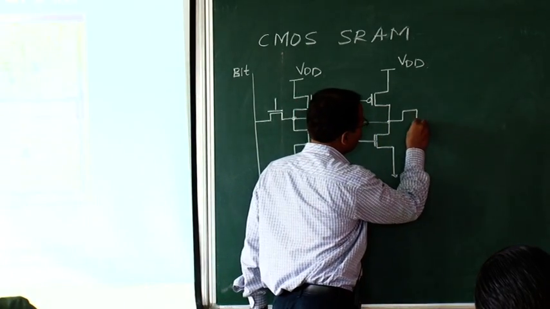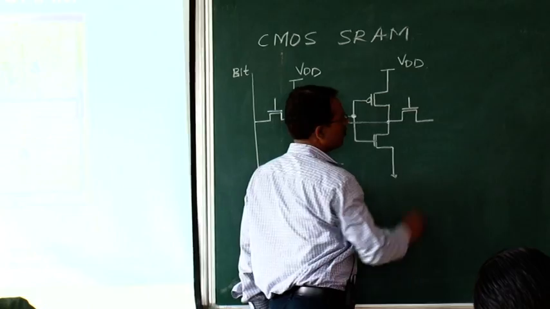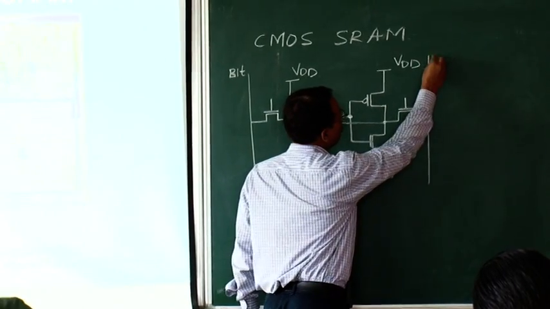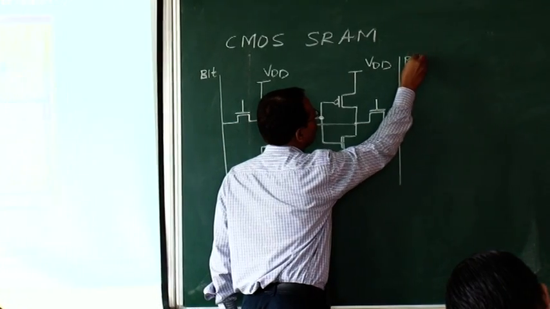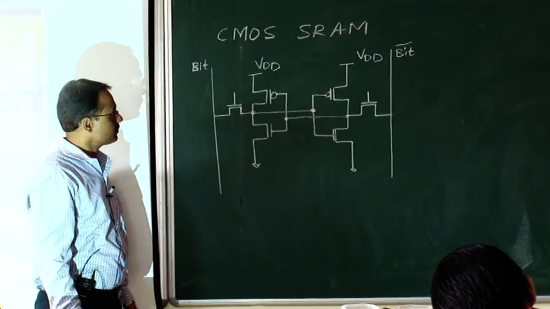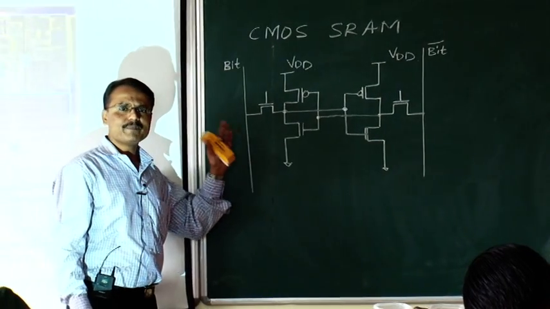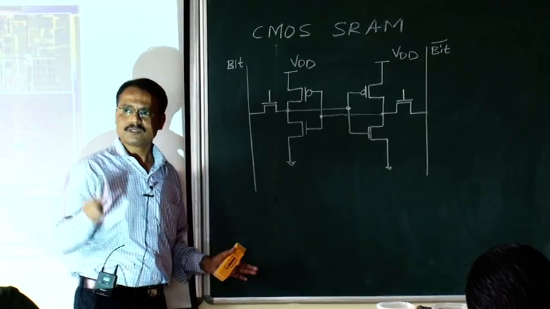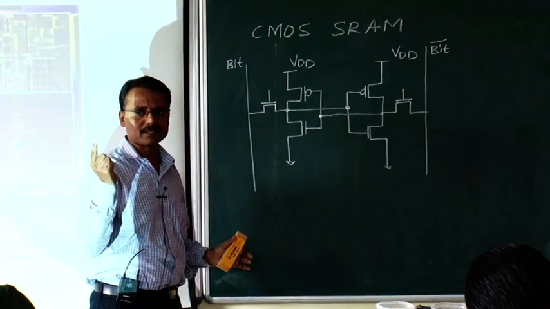Similarly, on this side I have to add one more access transistor, and the complement of the memory bit is available here, so that is why I am calling it bit bar. So this is a 1 bit memory, which means this memory cell can store just a single bit of information.